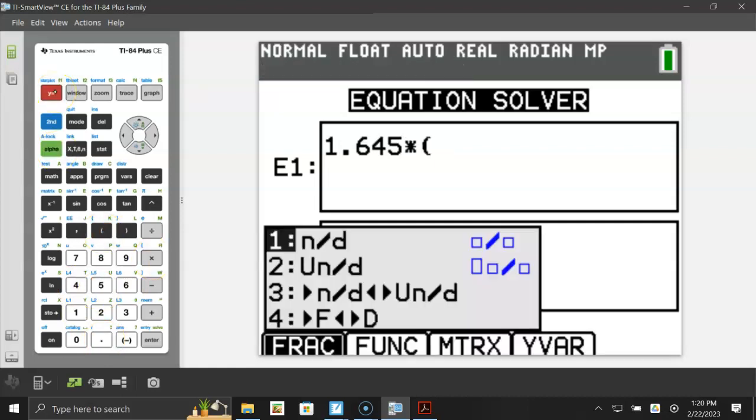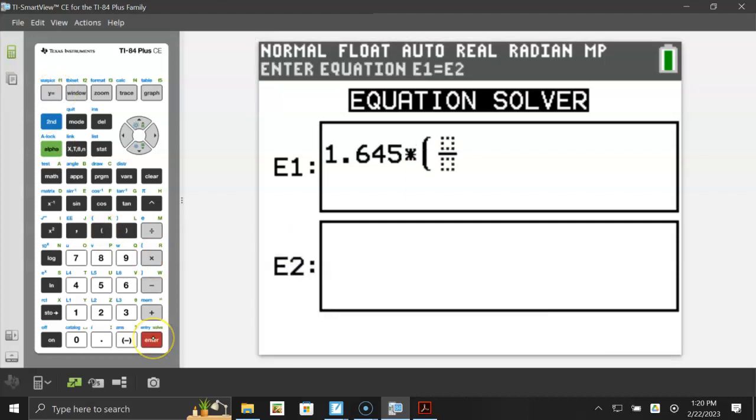Math C. It's the numeric solver. That's okay, hit enter. B is the solver. So it's the last one.